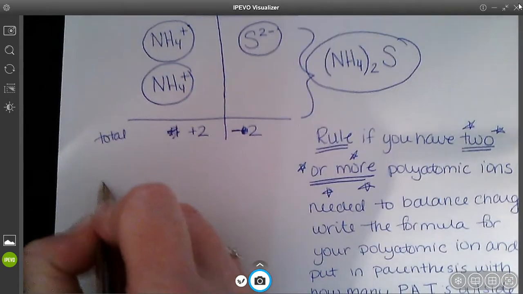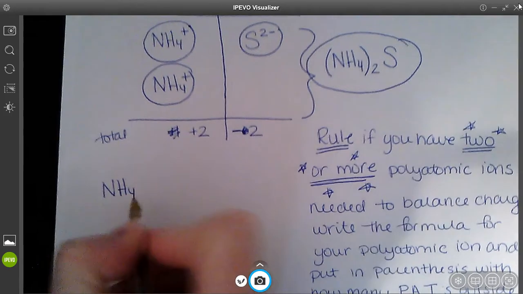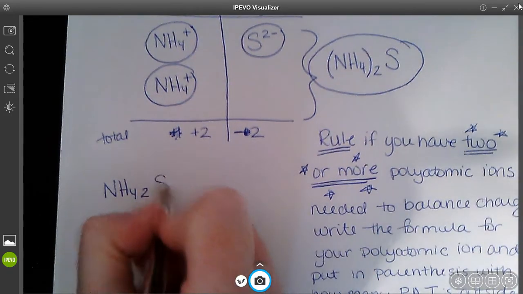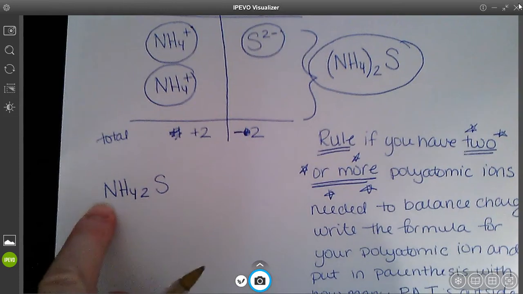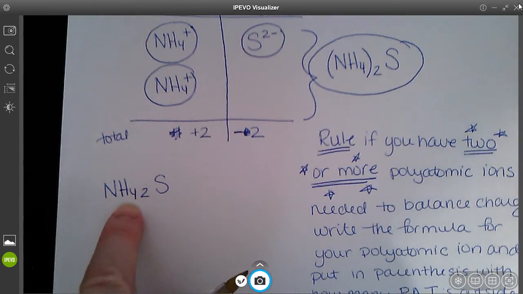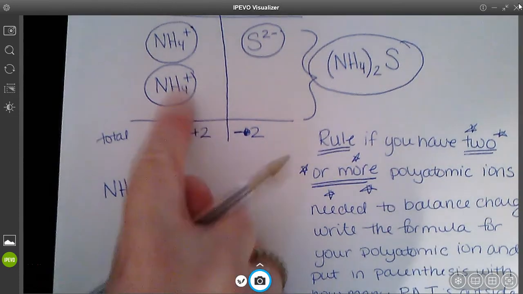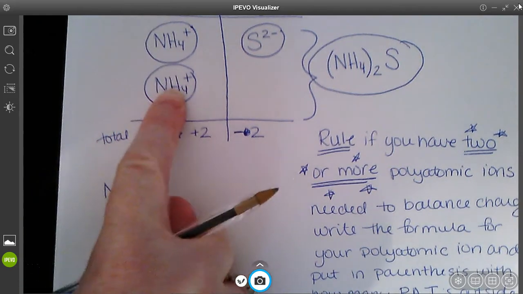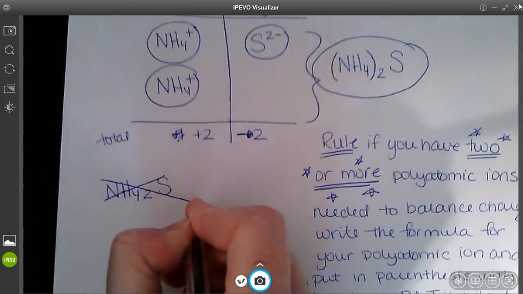If we didn't follow this rule, let's say I had written, okay, I have NH4 and I have 2 of them and I just popped a 2 right there. And then I put my sulfur. This would say that I have 1 nitrogen and 42 hydrogens, which is not true, right? I have a nitrogen, 4 hydrogens, so that's 8 total. So this does not work.